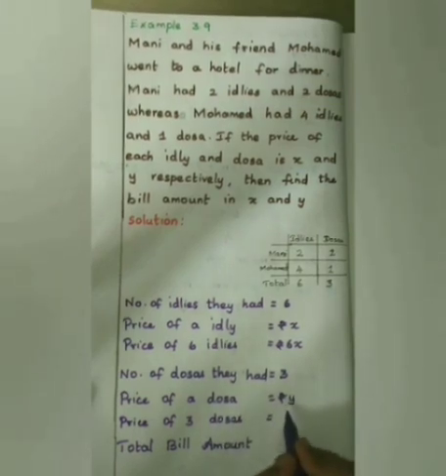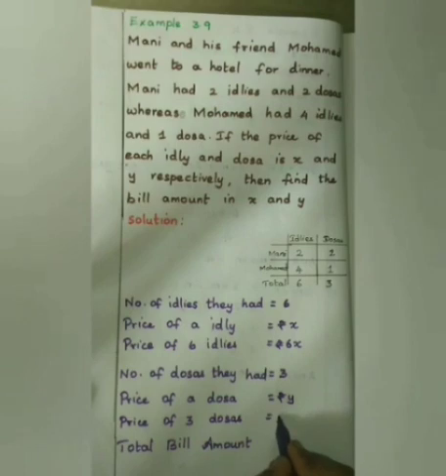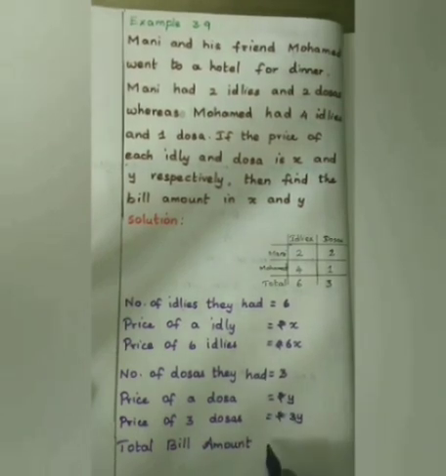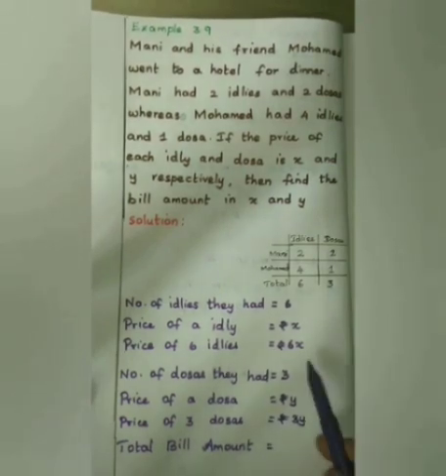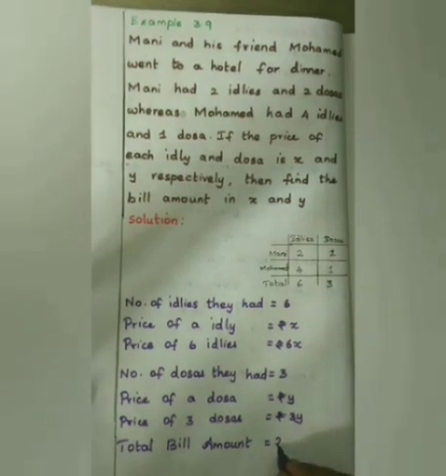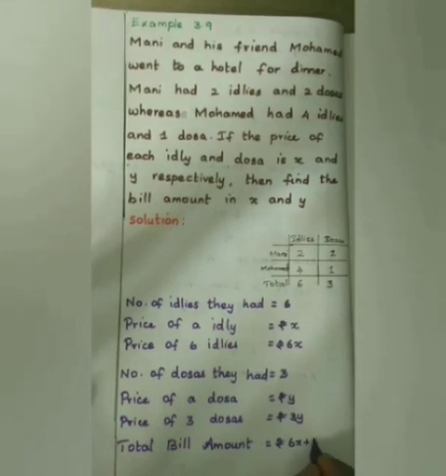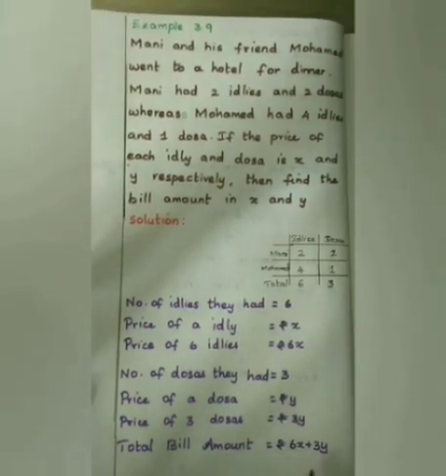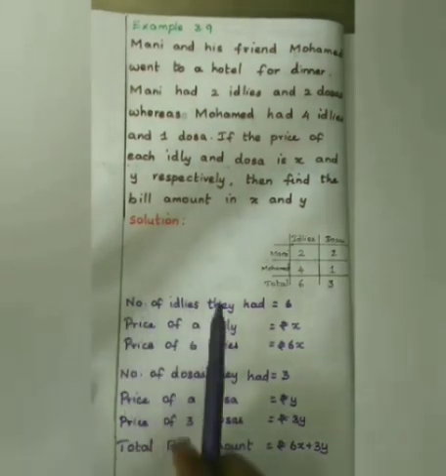So multiply 3 into rupees y, that is rupees 3y. So what's the total bill amount? You have to add the price of 6 idlis and the price of 3 dosas, that is rupees 6x plus 3y. So we framed the algebraic expression for the bill amount.